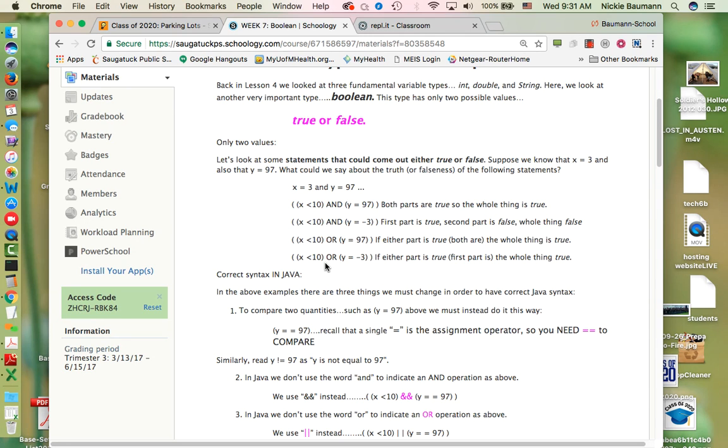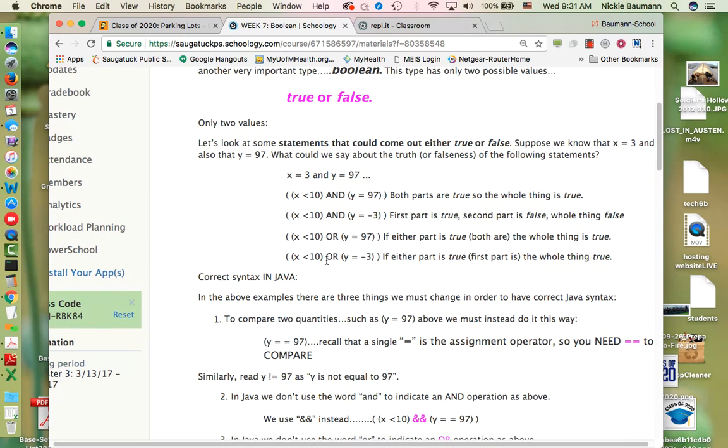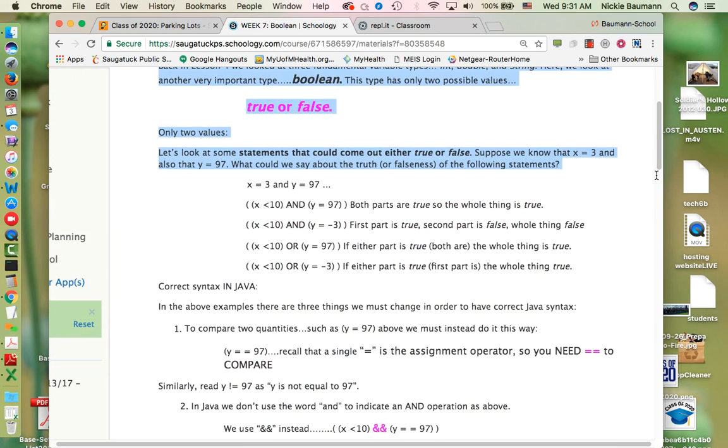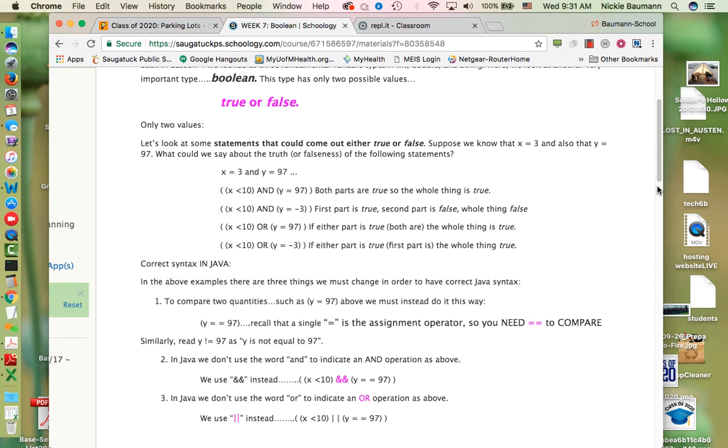So let's take a look at it in terms of Java. This is more just reasoning, but let's take a look at it in Java code or syntax. If we're taking a look at Java here, let me make this smaller.